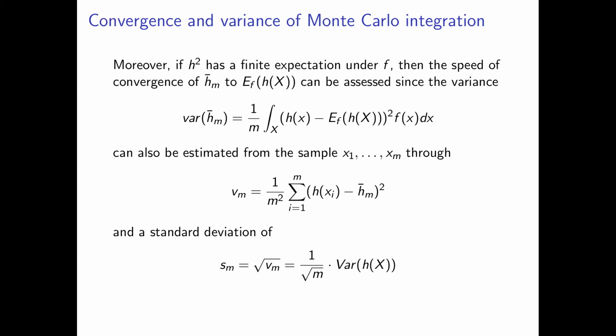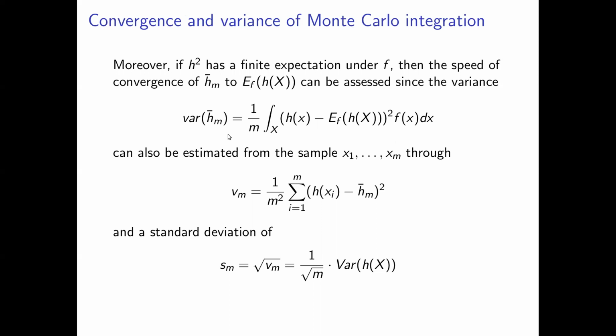What about convergence and variance of the thing? Let's take a look at how this is performing. The variance, of course, is the expected value of h of x minus the values we simulated, the h of x values; we take the squared deviance of that and reweight it with our density function f, which is basically the variance of this h of x.